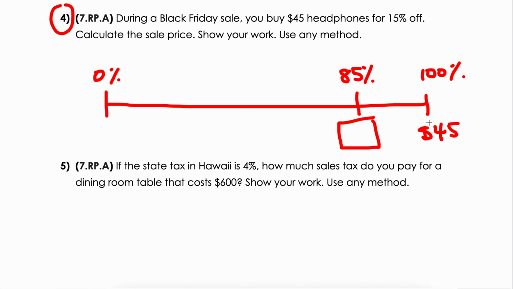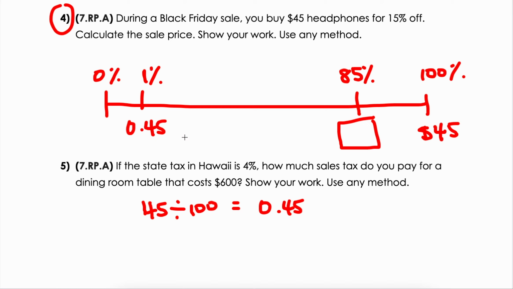Okay, so to figure out 1%, I would have to take the 100 and divide by 100 to get to 1%. So 45 would also divide by 100 to figure out that 1%, and I would get 0.45. So now in order to get from 1% to 85%, I would multiply by 85.